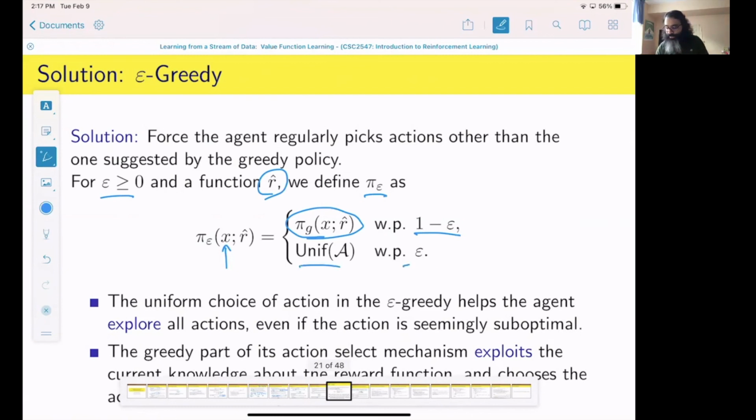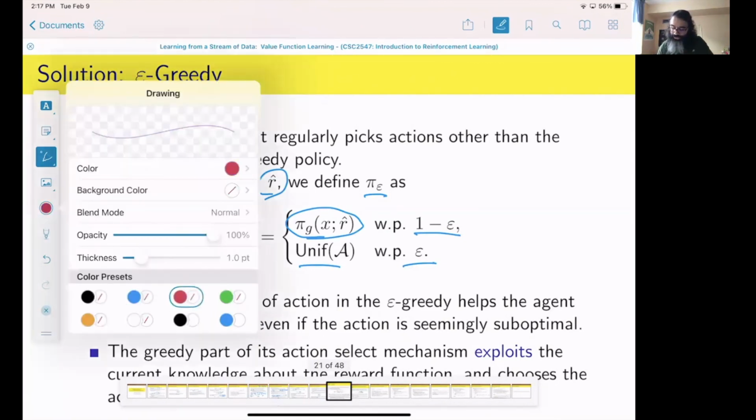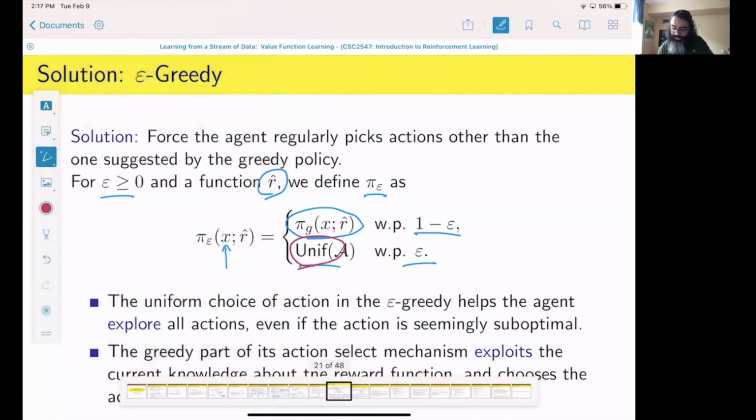But with some probability epsilon, we choose a uniform action from all the possible actions that we have. Epsilon is usually a small number. We can have a schedule for it, but say we think of it as 0.1. So with 10% probability, we choose a random action. With 90%, we follow greedy.